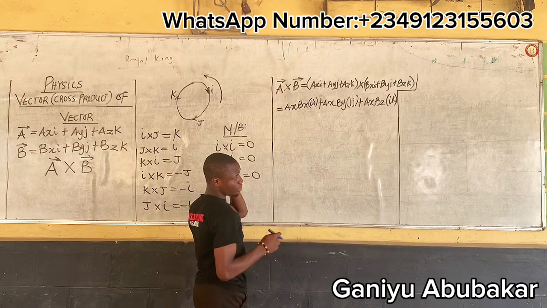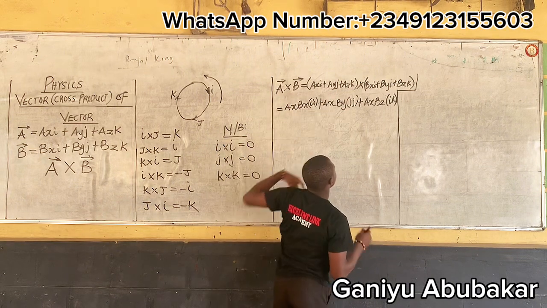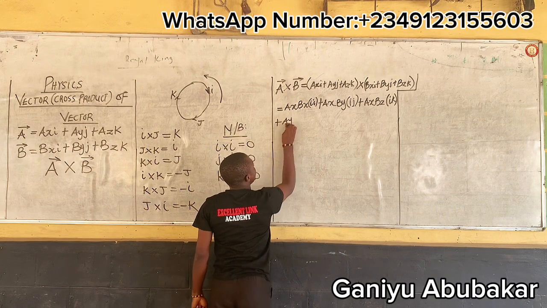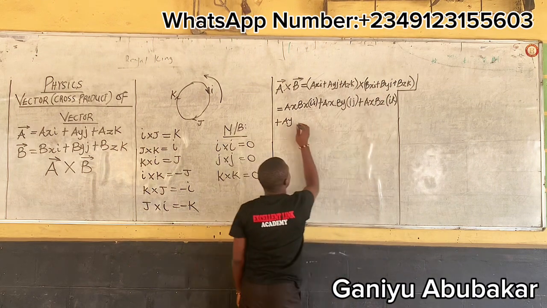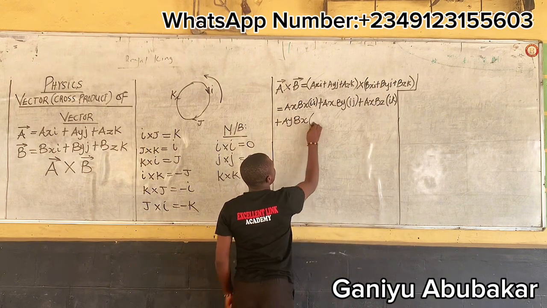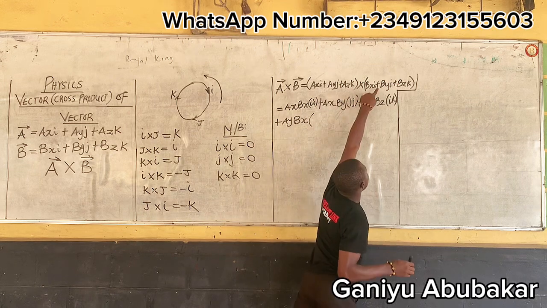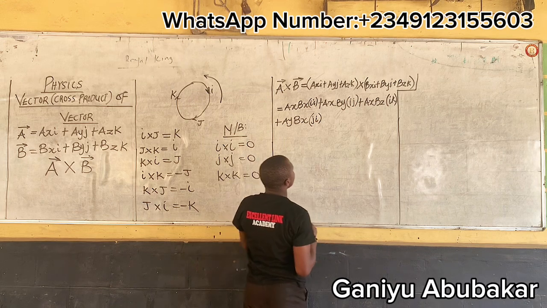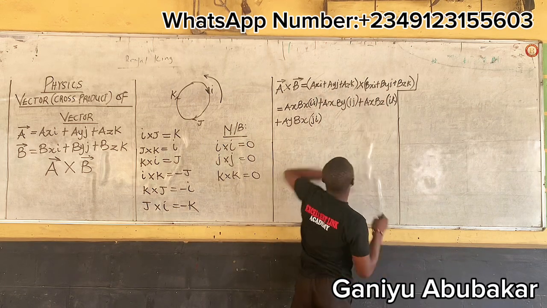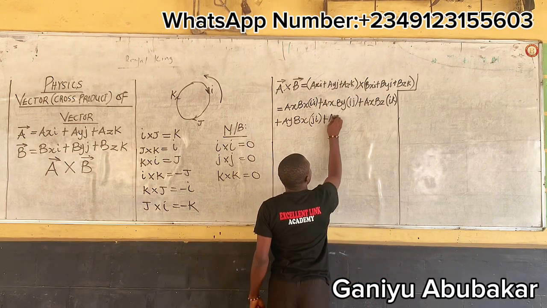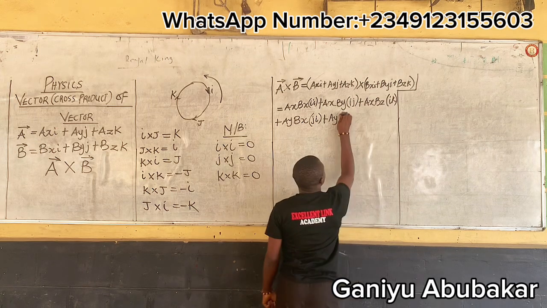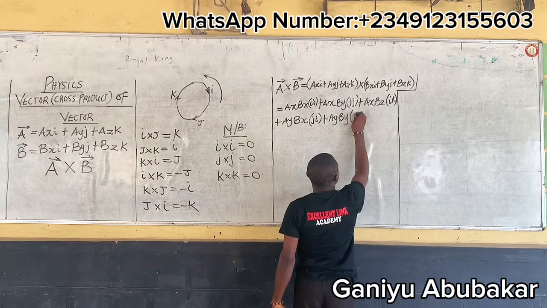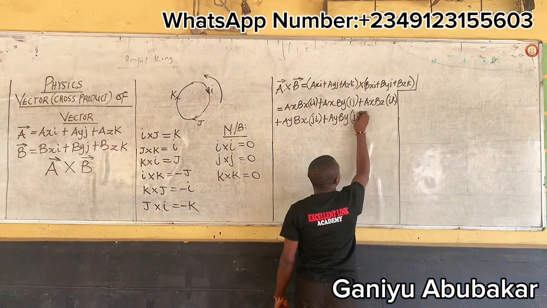We are done with this first one. Move to this one, please. Plus this is A_y and B_x first, B_x into j i. So I have j i. I'm done with this. Plus A_y B_y into j j.